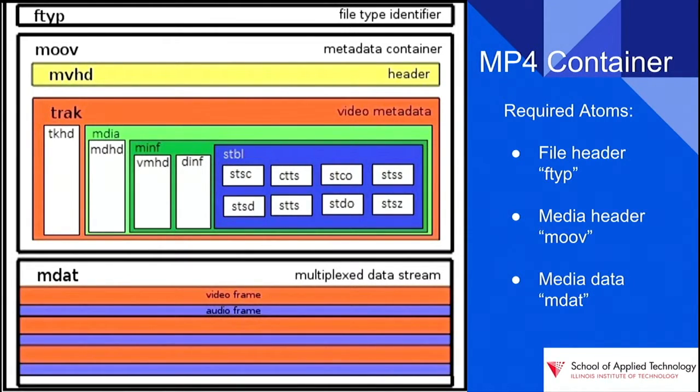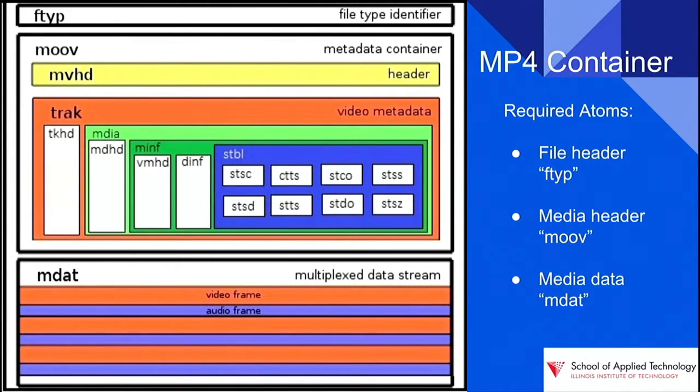So we'll have the movie header, and we'll have a track header. For the purposes of this example, just know that we removed one of the tracks, the audio track, so that we could see this better since it gets pretty nested. In the track atom we have a track header and a media atom, and the media atom contains a media data header, which also contains media data information, such as the video media header and more data information.